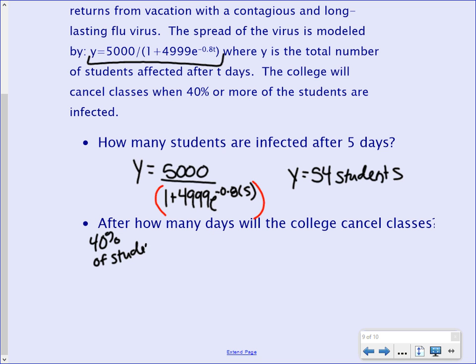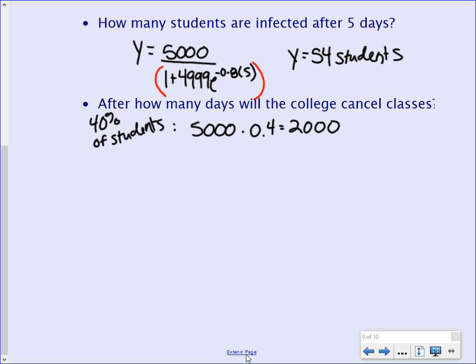How would you calculate that? 5,000, the total student population, times 0.4, which is 2,000. So we know we will cancel classes when 2,000 people have been affected, so we can sub 2,000 in for Y.